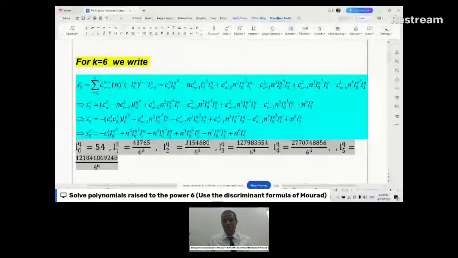When you reach S5, you reach the last coefficient of your new polynomial that has been derived from the original polynomial. I will continue, learners.